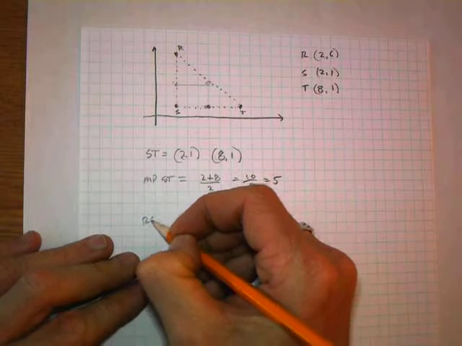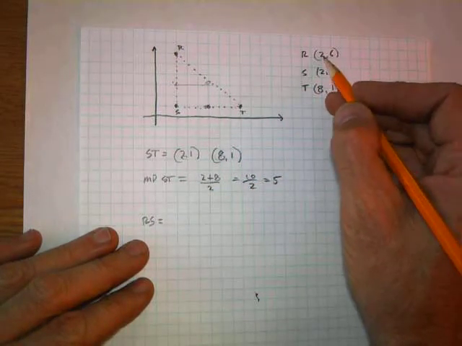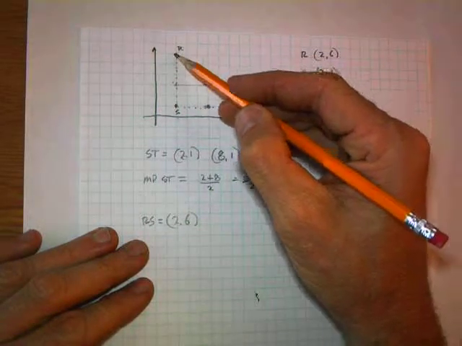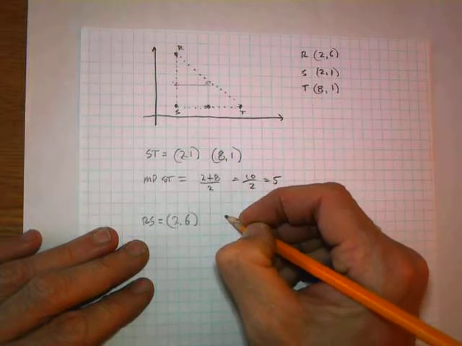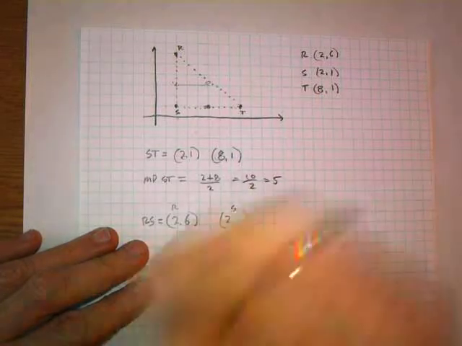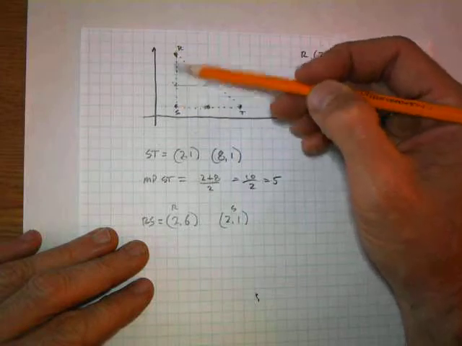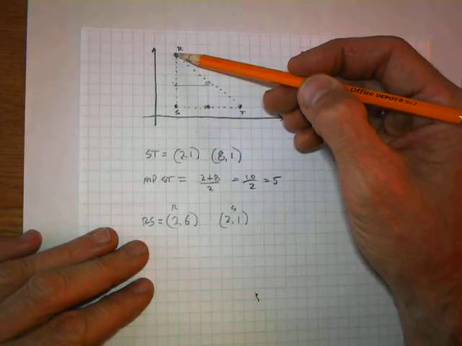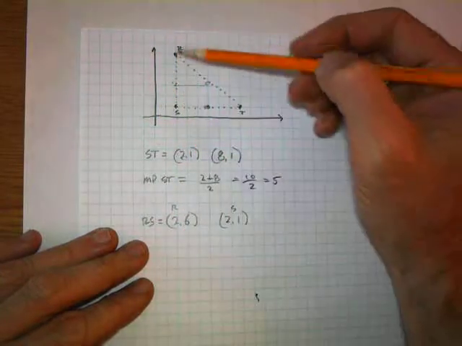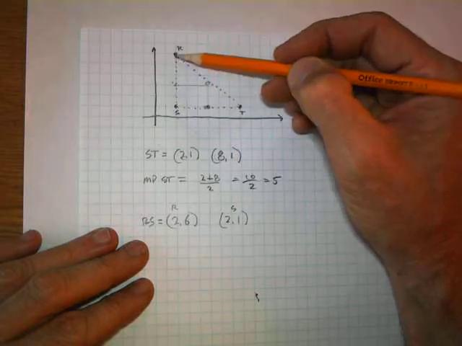Okay, well, RS is going to be a combination of 2, 6, which is this one, and S, which is 2, 1. Okay, here's the R, here's the S. Now, the 2 remains the same. So actually all we need to do is find the diffs. They're both 2 off here. What we need to find is the Y difference, and we need to find the average of this and that.